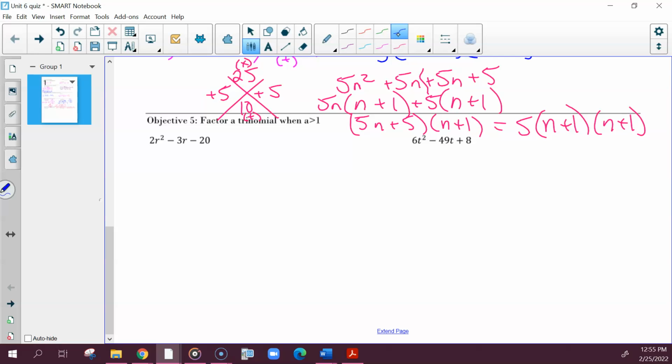Let's go through these last two, and then if we have no other questions, we'll start the test. So for Objective 5, all of these are done the same way. First, check if there's a GCF. If there's not one, or if it's just one, then move on to this next step. Take the first number and the last number, multiply them together. So we're looking for two numbers that multiply to be negative 40, but add or subtract to be negative 3.